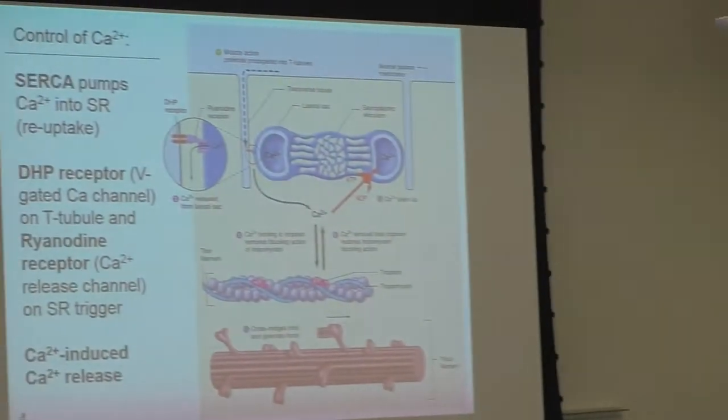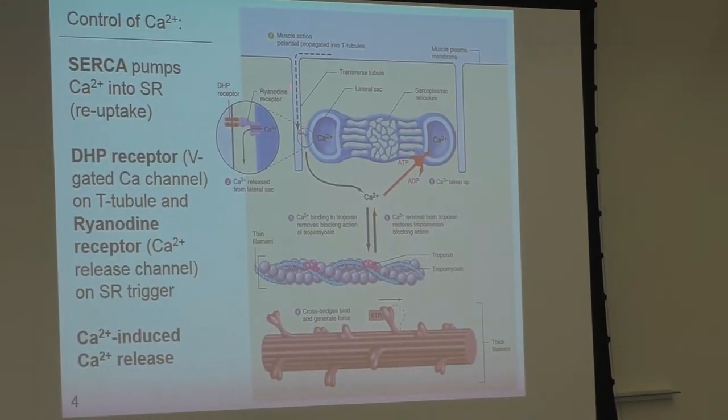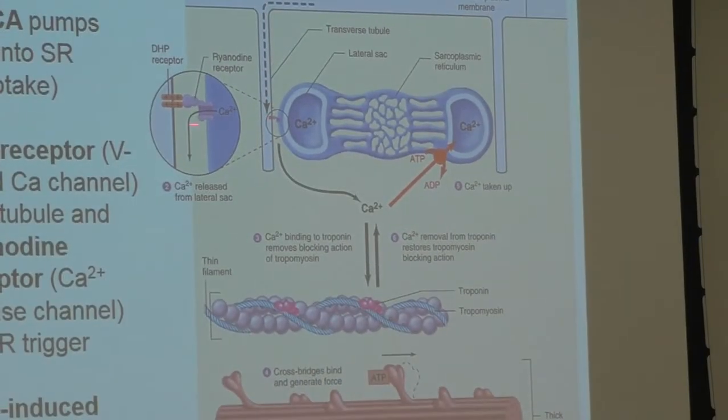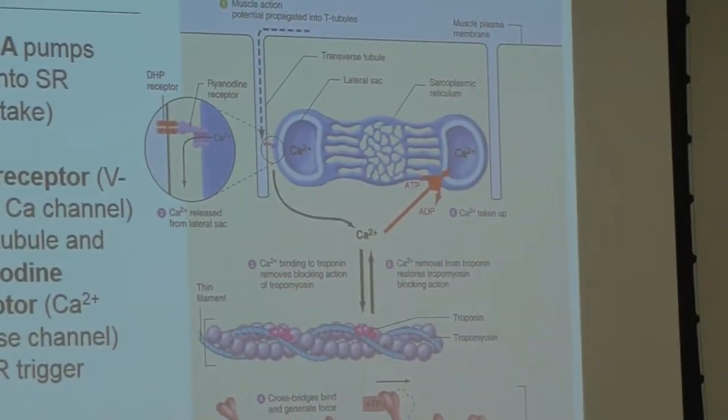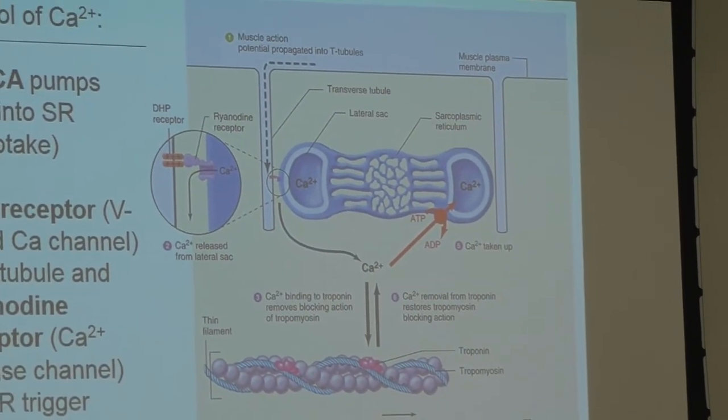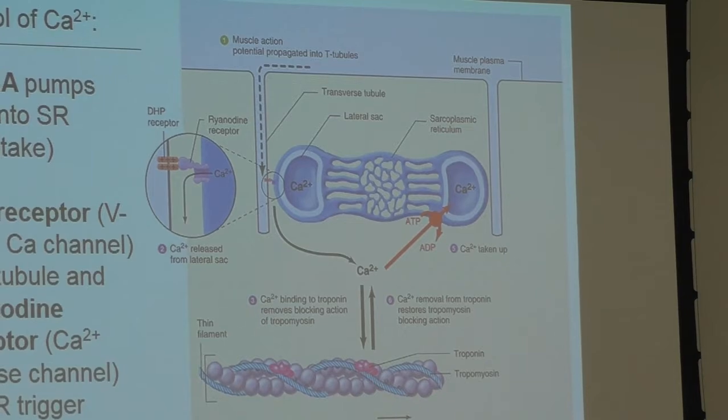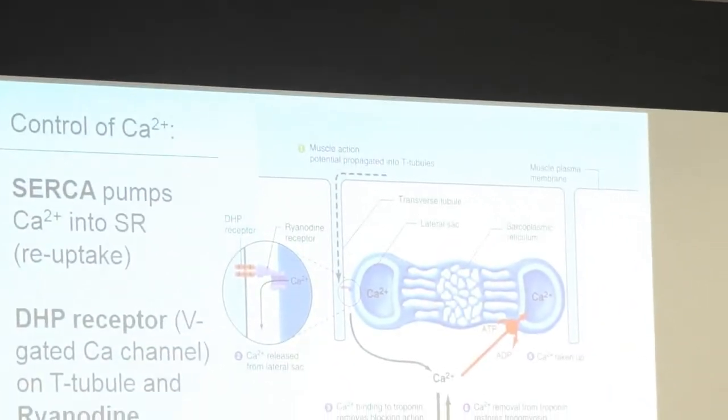These T-tubular membranes are part of, or extensions of, the surface membrane. So any electrical event, like an action potential propagating on the surface of a muscle cell, propagates into the T-tubule. So when a cardiac muscle fires an action potential, that action potential propagates into the T-tubule.